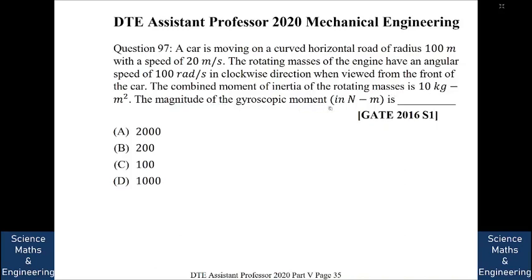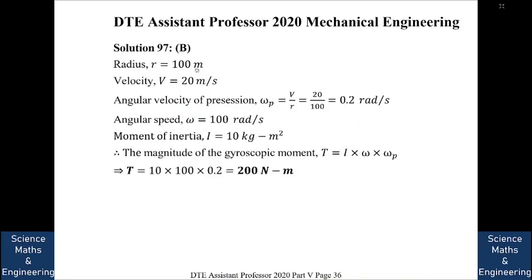The magnitude of gyroscopic moment in Newton meter is, so the answer is, see, if radius is given, velocity is given, now angular velocity would be equal to v by r, so it is equal to 0.2 radian per second. Now angular speed is 100 radian per second, which is already given. Now moment of inertia I is 10 kg meter square. Therefore, the magnitude of the gyroscopic moment would be equal to I into omega into omega P, which is equal to 200 Newton meter.